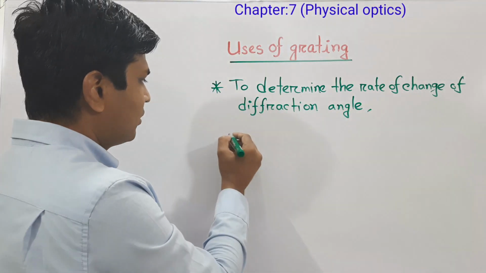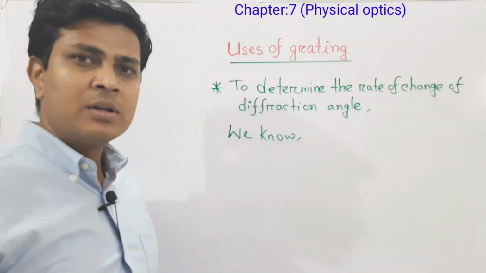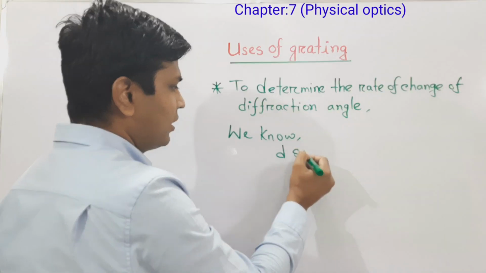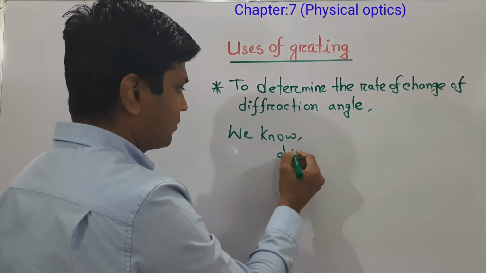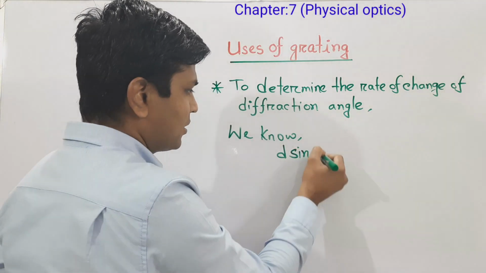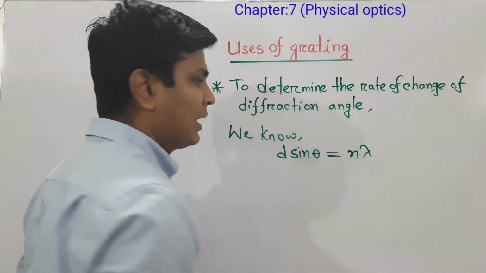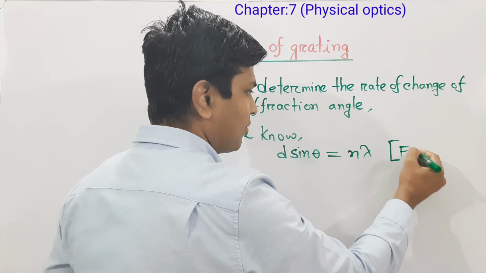The formula we know for maxima is D sine theta equals n lambda. This formula is applicable for maxima.